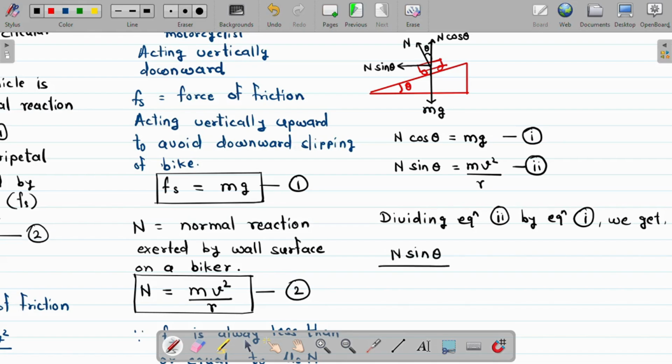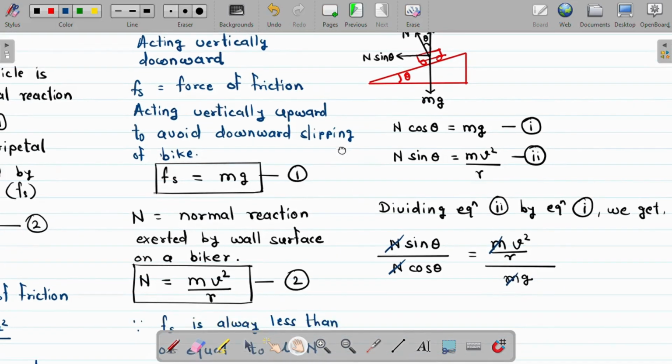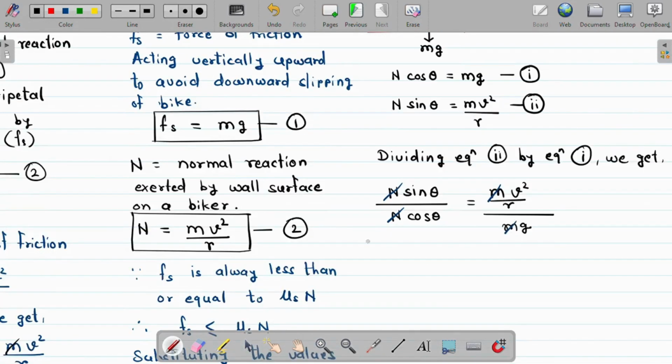n sin theta by n cos theta is equal to m v square by r divided by mg. So here n cancels out, m also cancels out. Now sin theta by cos theta, as we know, is tan theta. So tan theta is equal to v square by rg.